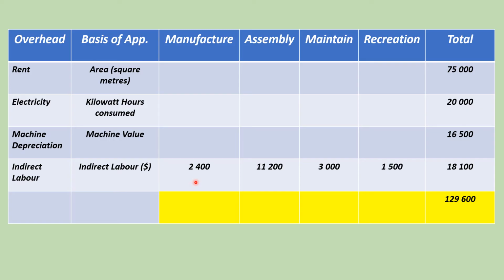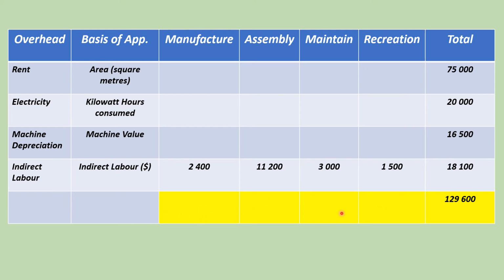Now, if you look at the table carefully, you would notice that this one was already done for you, because the amount here, all four columns, are already filled out. So what will happen in this table, we will fill in these figures here, doing the workings first, and then we'll add them down this way, and we get a total here.